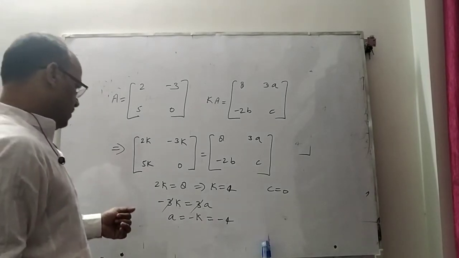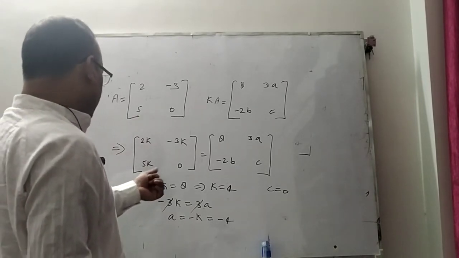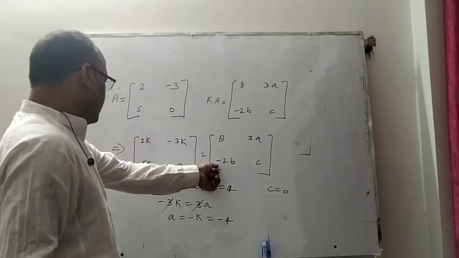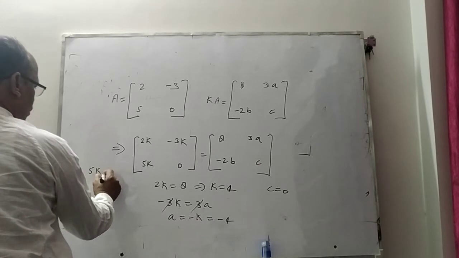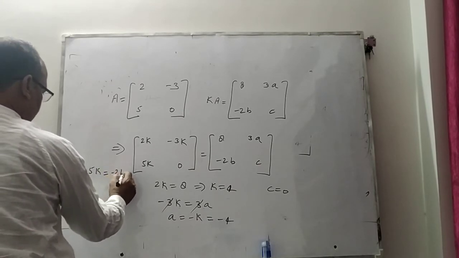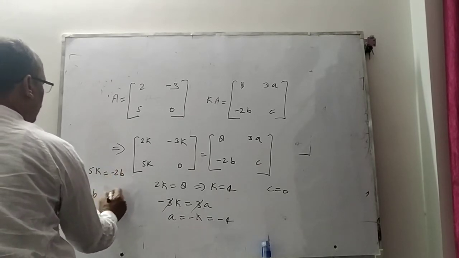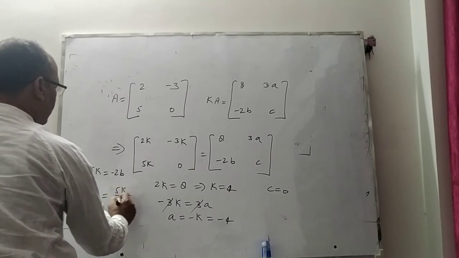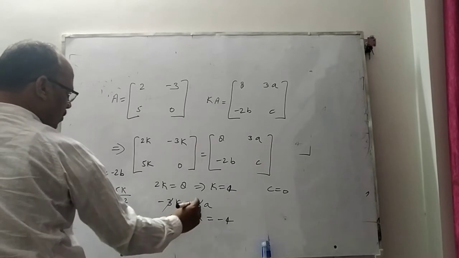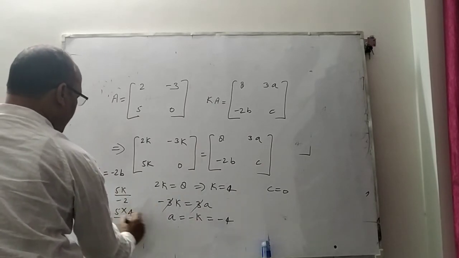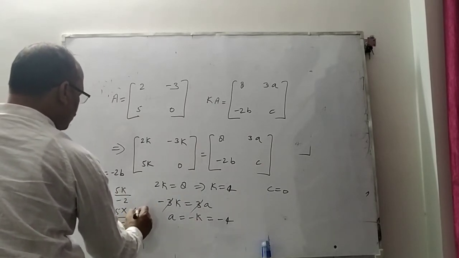Next part, what is the unknown? We have not got B here. Yes, 5K equal to minus 2B. So B equal to 5K upon minus 2. So 5 into, what is the value of K? 4, upon minus 2.